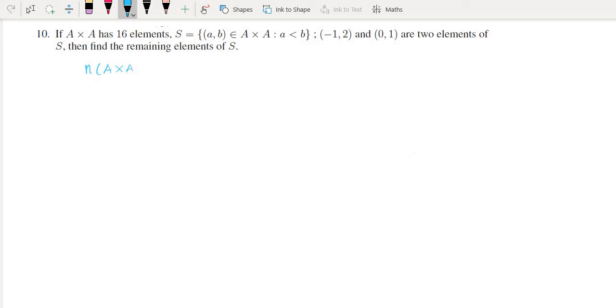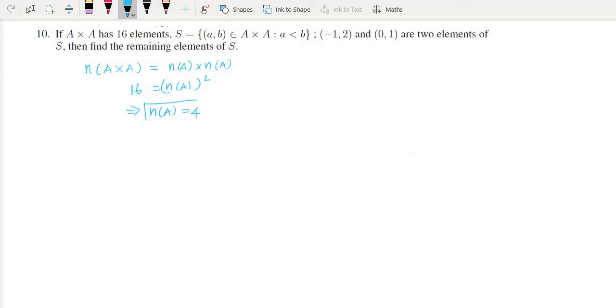in A cross A will be n of A multiplied by n of A. It's nothing but n of A the whole square. So here we have n of A cross A is 16. So this will imply n of A is equal to 4.